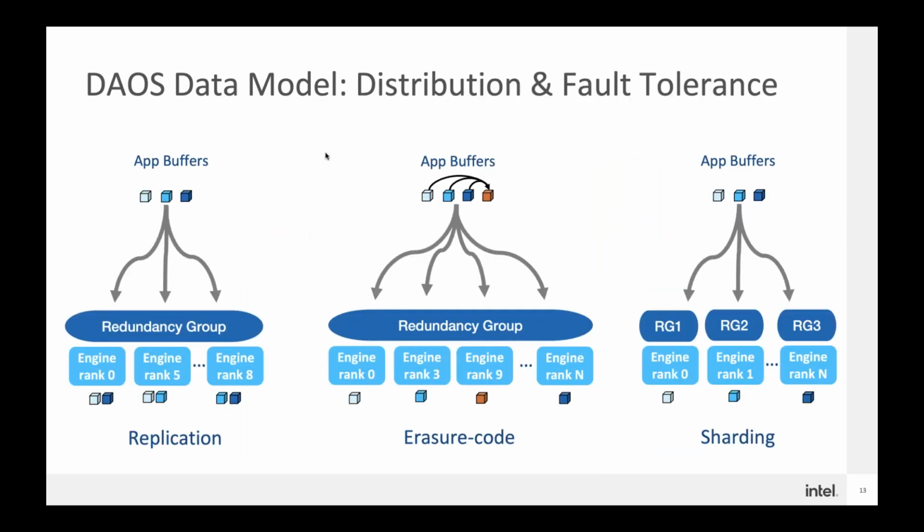DAOS can be deployed on a storage cluster with thousands of storage nodes and tens of thousands of storage devices. And there are two things which are important for this kind of large deployment. The first one is that the application can take advantage of parallel I/O, so performance can scale out.